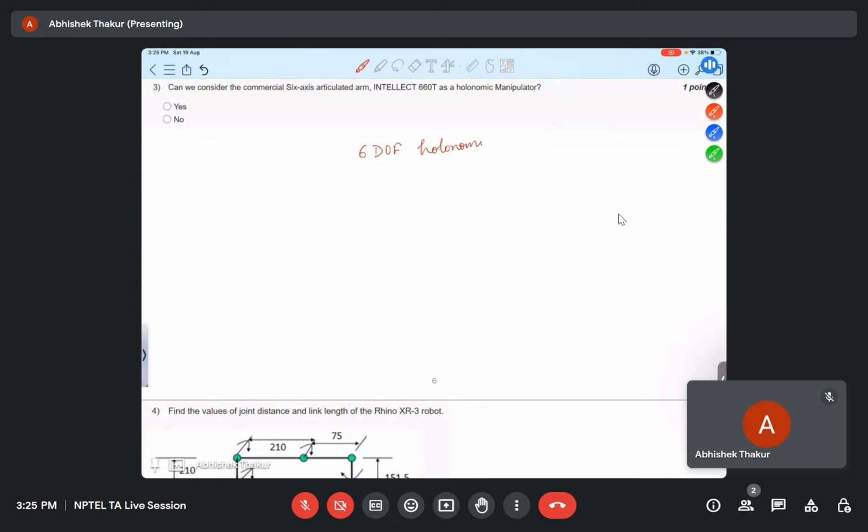If it is less than 6, then it will be non-holonomic, but it is 6 degrees of freedom. So it is holonomic. So the option is yes, it is a holonomic manipulator. So the answer is yes, it is a holonomic manipulator.